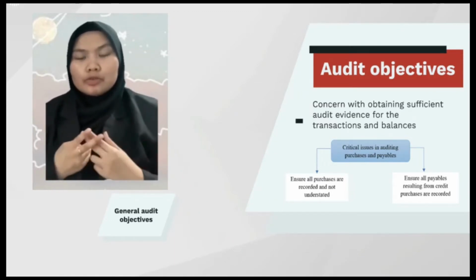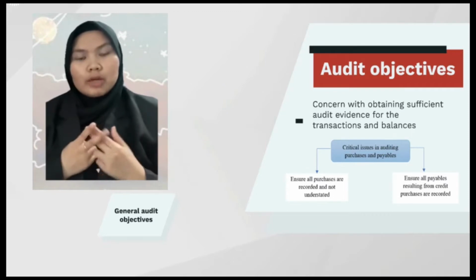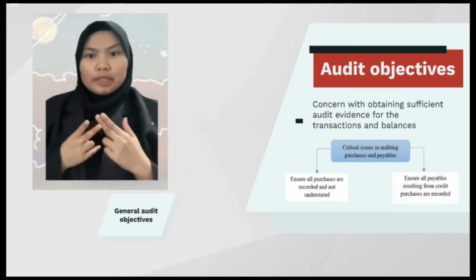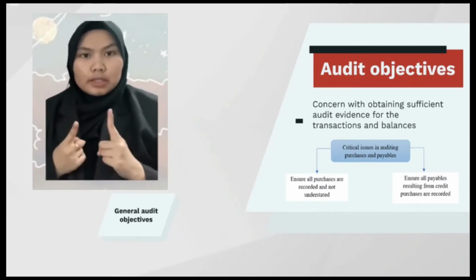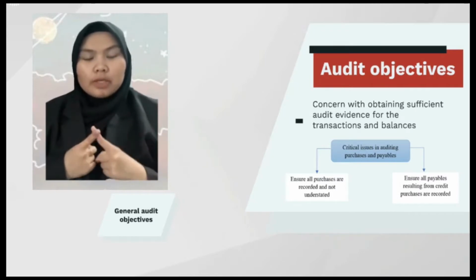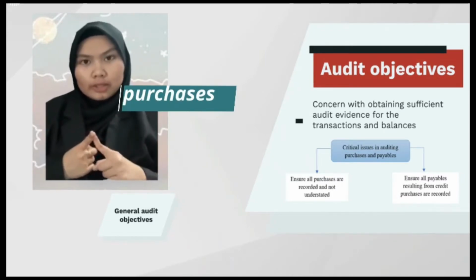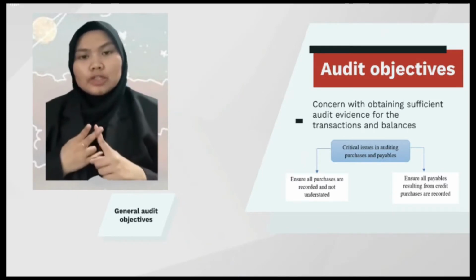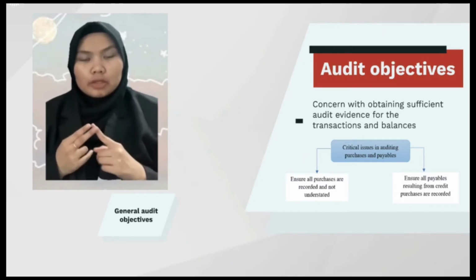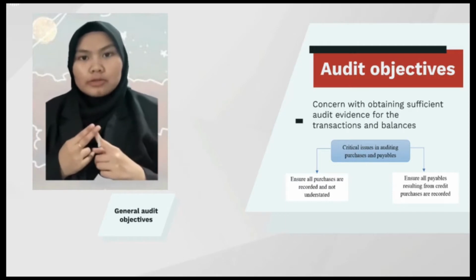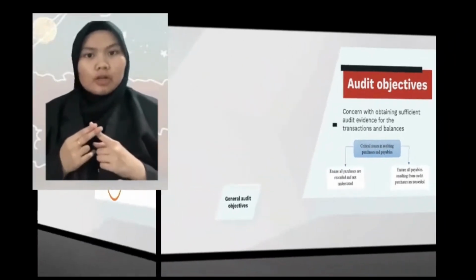There are two key issues when auditing the purchases and payables. The first issue is that the auditors need to make sure that all the payables are recorded and not understated. And the second issue is that the auditors need to make sure that all the payables resulting from the credit purchases are recorded.